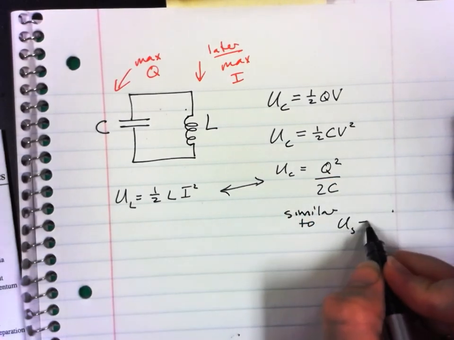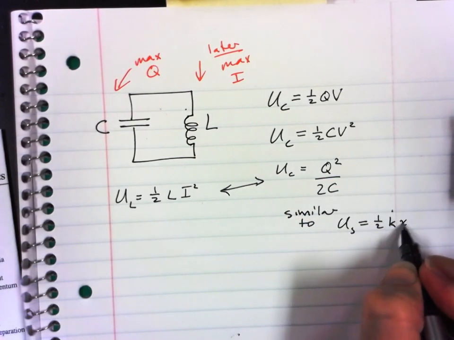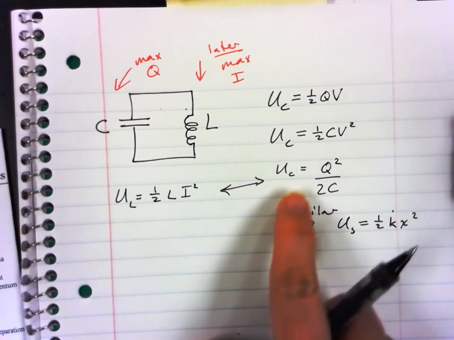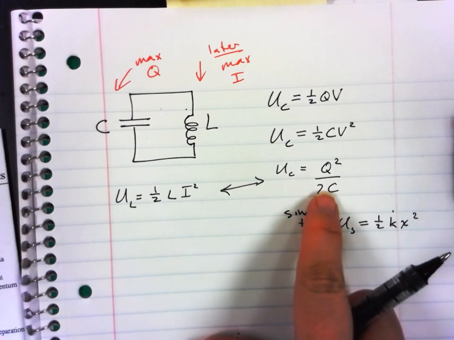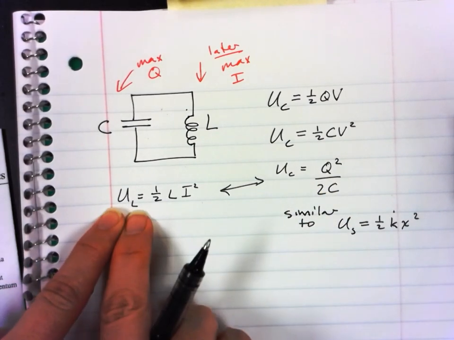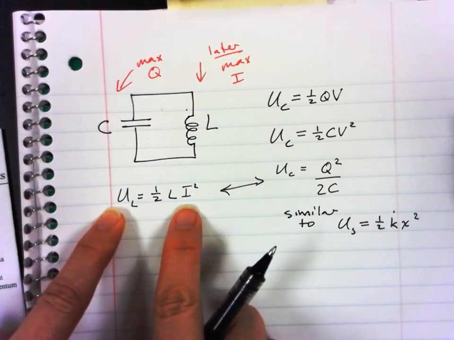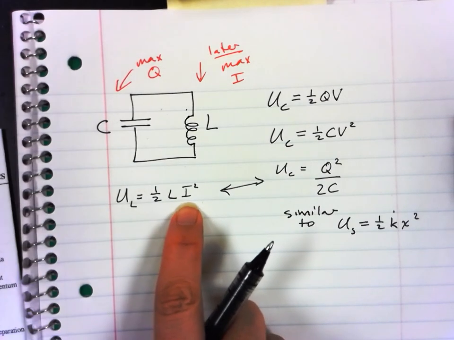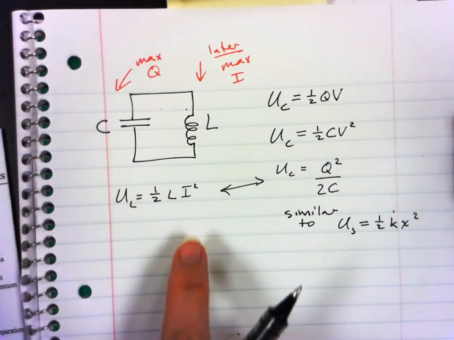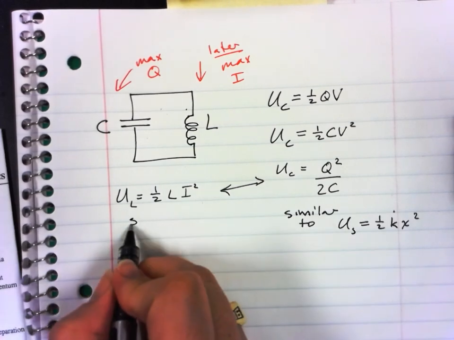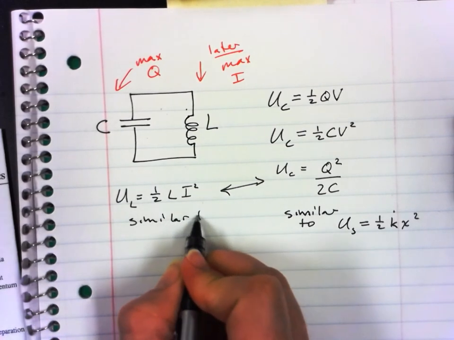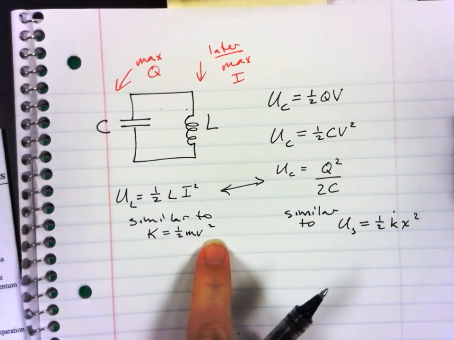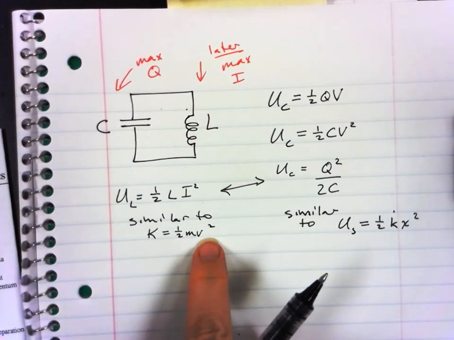Spring potential energy is 1/2 kx squared, so the position. Farther away, the more energy stored. The more charge on those plates, the more energy stored. Magnetic energy in the inductor is stored because of current. Well, current is movement of charge, movement of location. That's like velocity. So this is similar to kinetic energy, 1/2 mv squared, because velocity is things moving.